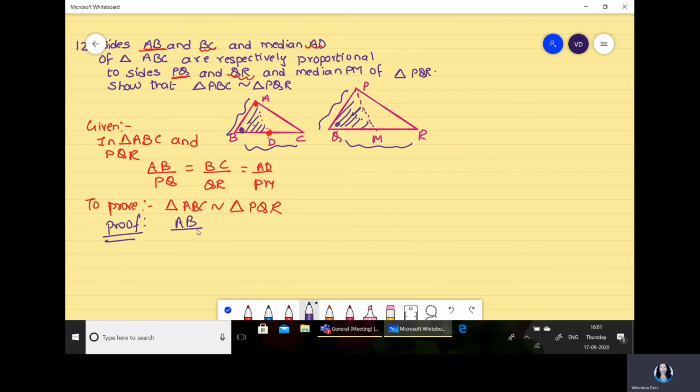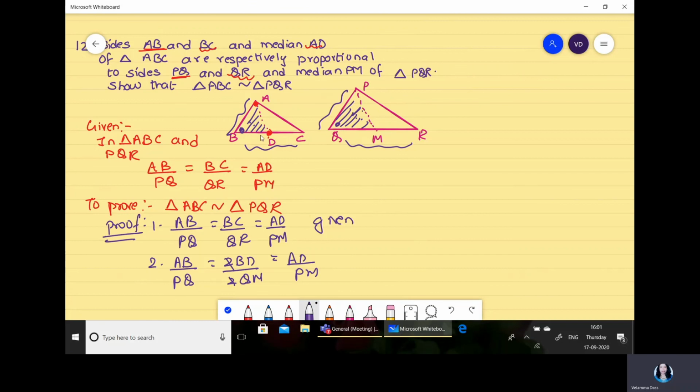Here AB upon PQ equals BC upon QR equals AD upon PM, which is given. BC can be written as twice BD, and QR can be written as twice QM, equals AD upon PM. So we got a beautiful relation: all three sides of these two triangles are proportional.